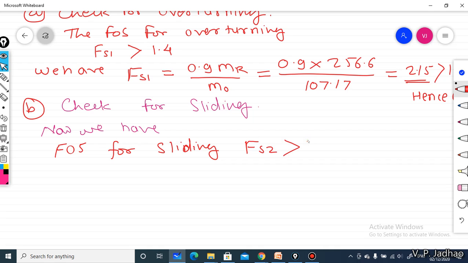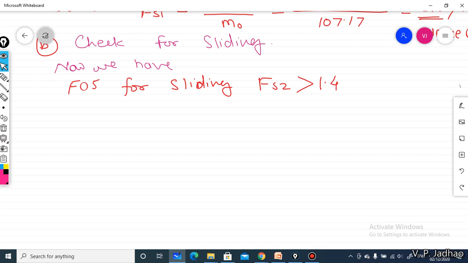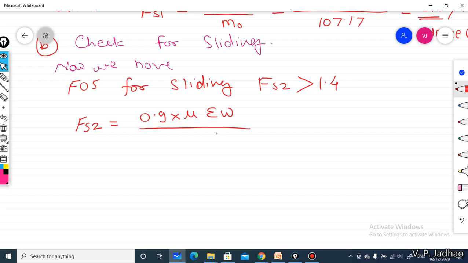This should again be more than 1.4. And we have the formula for calculating the factor of safety for sliding: FS2 is equal to 0.9 mu into summation of W divided by pH.